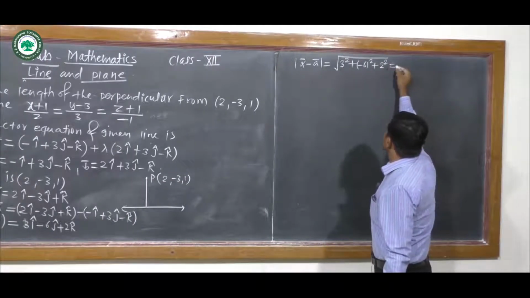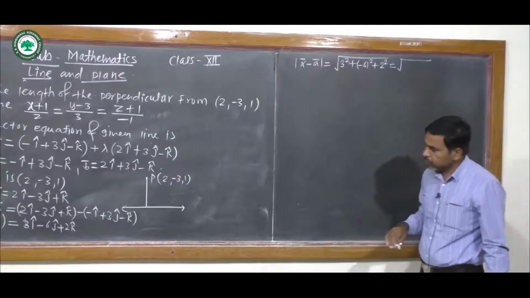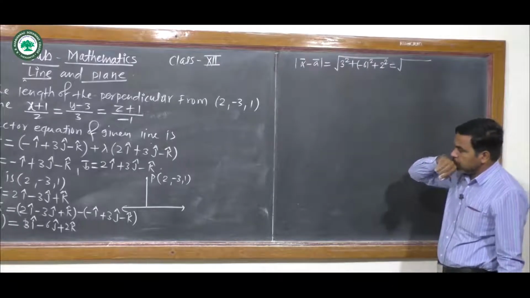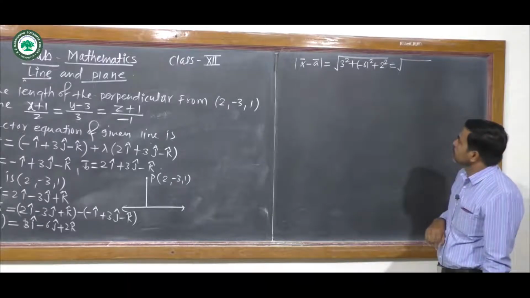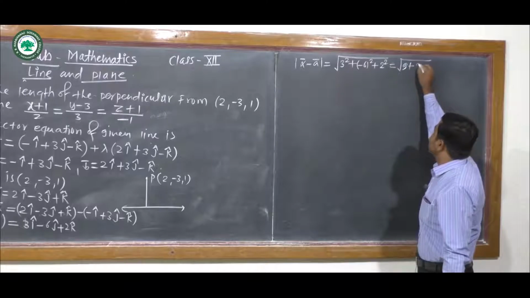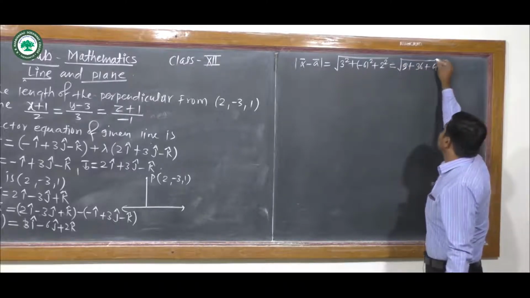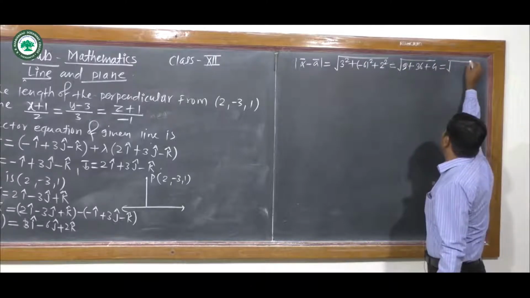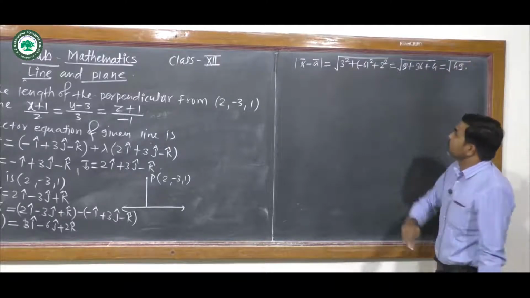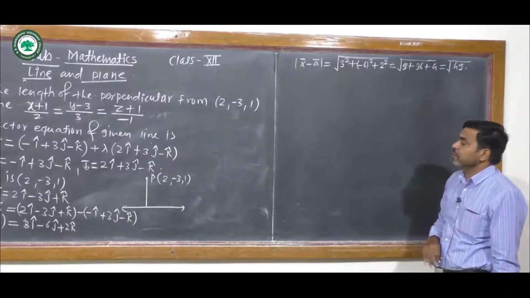So it is equal to the square root of 3 square 9 plus 6 square 36 plus 2 square 4. So it is equal to the square root of 49.